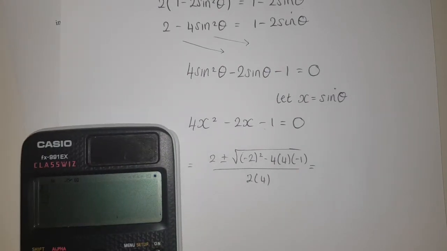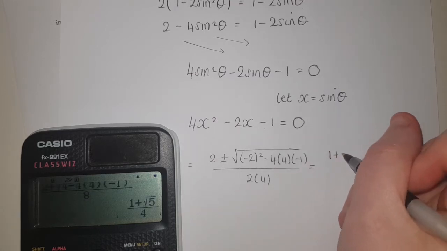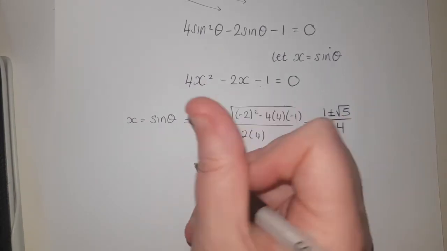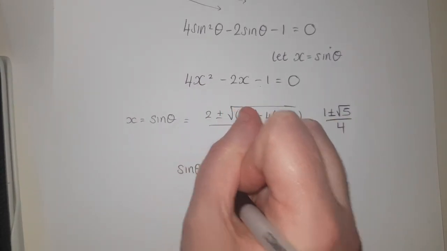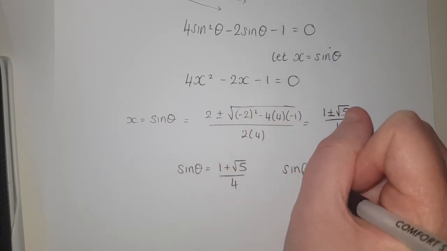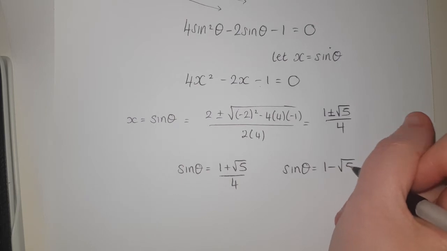Right, so I've got 1 plus root 5 over 4, and I'm guessing the other one is just going to be 1 minus. Yeah, 1 minus. So you've got 2 results. Sine theta equals 1 plus root 5 over 4, and sine theta equals 1 minus root 5 over 4.